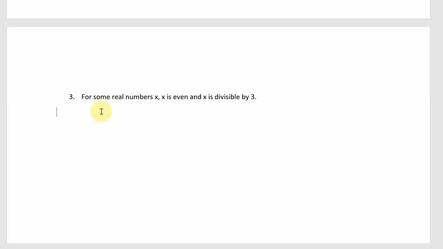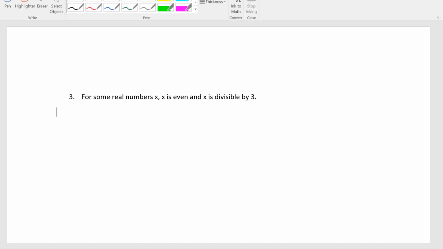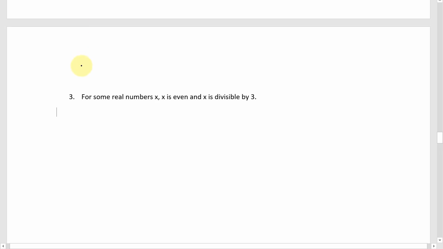For some real numbers, x is even and x is divisible by 3. So how do we negate that? Because it began with an existential quantifier, we'll form a negation with a universal quantifier. We could first write it in informal language, because that might be easier at first.